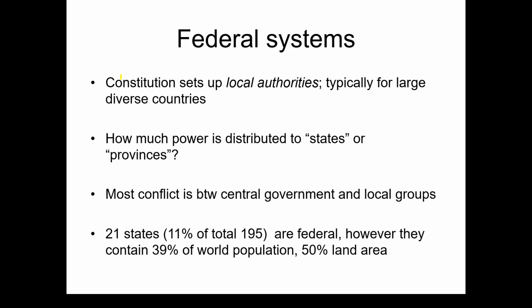When we fought the Revolution, the Constitution, when it was written, kept that in place. And as you may recall, when you read the Constitution, there were several places in there where the federal government specifically delegated things back to the states. These are the local authorities that we're talking about here.